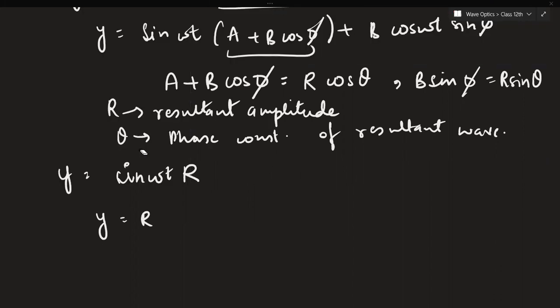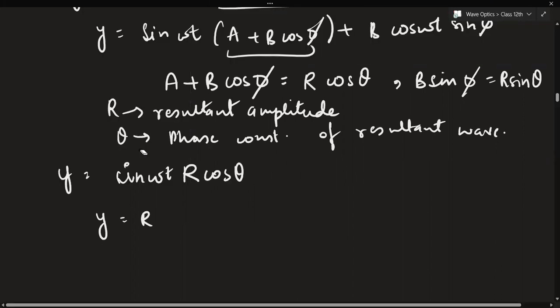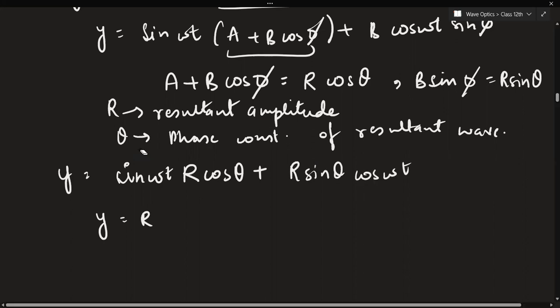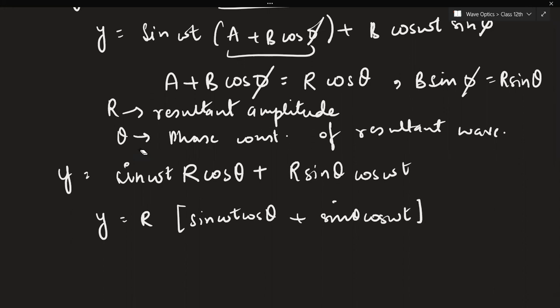And this is our sine theta multiplied by cos omega t. Now if I take R common, what is left? From here sine omega t cos theta is left, plus from here sine theta cos omega t is left. This is a derivation of the resultant you have to remember. Now see, equation of resultant wave, how to write? R.